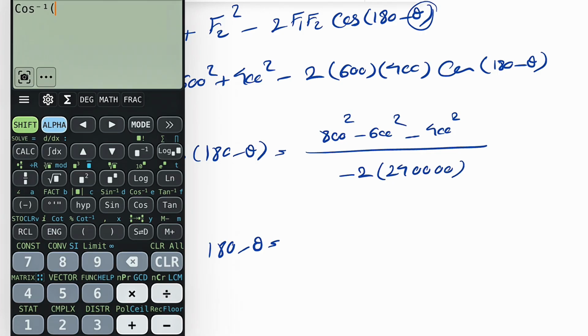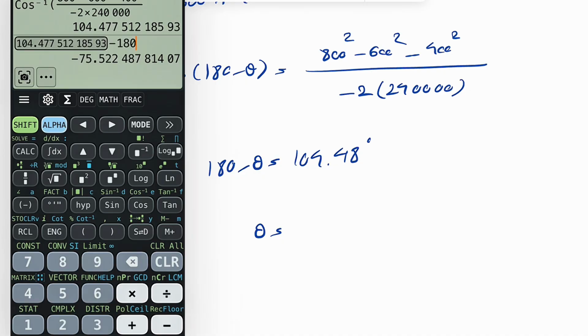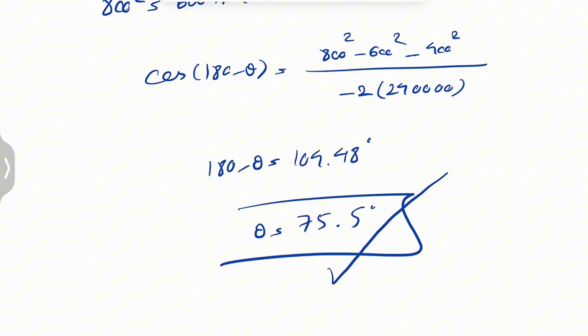So let's put the cosine inverse in here, and we have this ratio: 800 squared minus 600 squared minus 400 squared, and in the denominator negative 2 times 240,000. That's going to give us 104.48 degrees, and theta would be 180 minus that value, so it's going to be 75.5 degrees, and that's the theta that we are looking for.